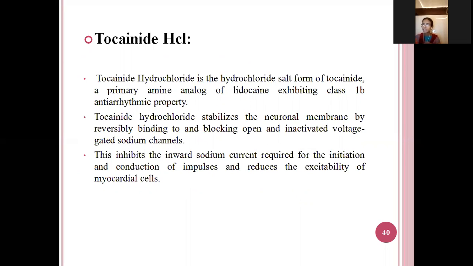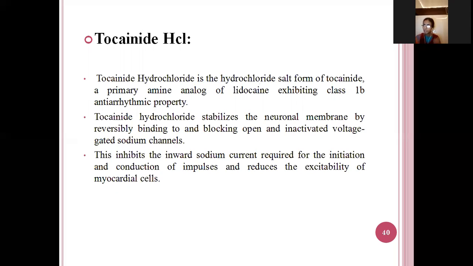It is available in the form of the hydrochloride salt and is a primary amine analog of lidocaine. It exhibits class 1B anti-arrhythmic property. It stabilizes the neuronal membrane by reversibly binding to and blocking open and inactivated voltage-gated sodium channels.